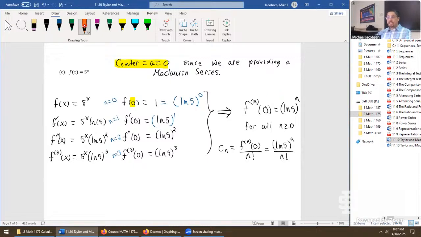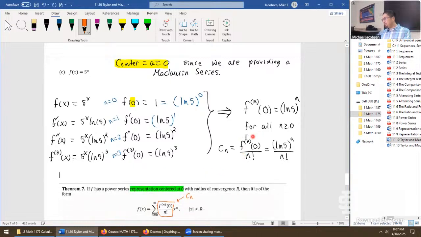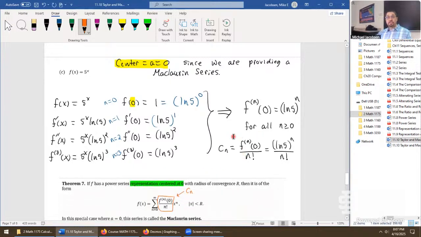This is the sequence of steps. Build out your 2-column system, find the pattern for the nth order derivative, and once you find the pattern, whether you call this Cn or not, you do the same step. Divide by n factorial and plug it back in down here. We just multiply by x power n now to complete the work on this one.